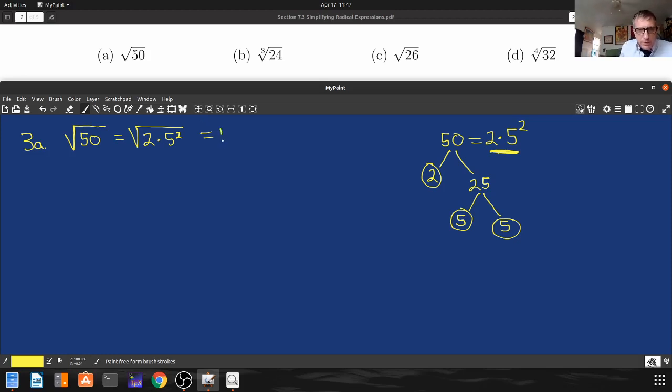So that's equal to the square root of 2 times the square root of 5 squared. In other words, I've been given what's on the right-hand side, and now I'm going to the left-hand side. So that's equal to the square root of 2, and since the index here is 2, that is 5. And normally we do not write it this way. We treat the radical just like it were a variable and put it on the right and the whole number on the left. And that is our final answer.